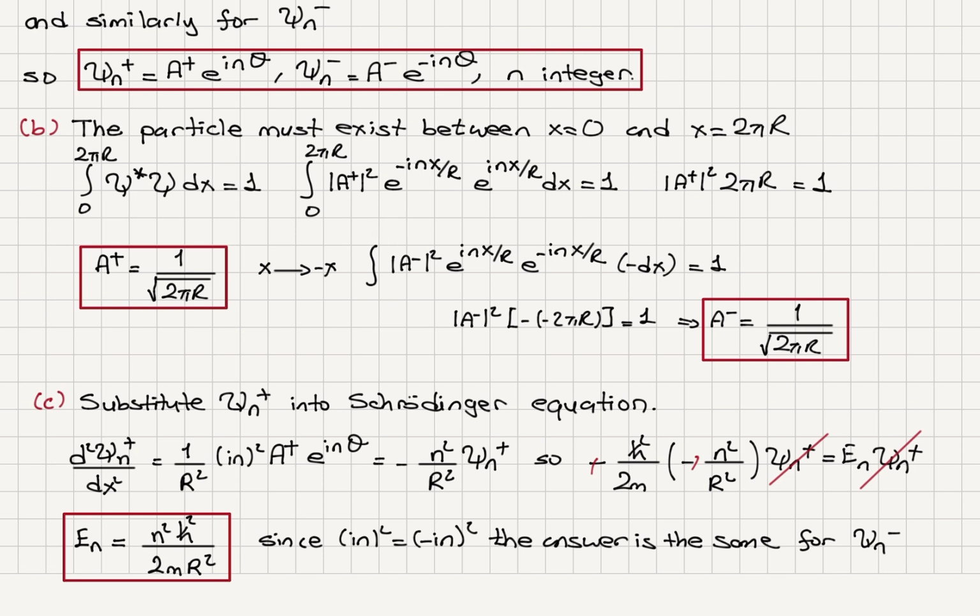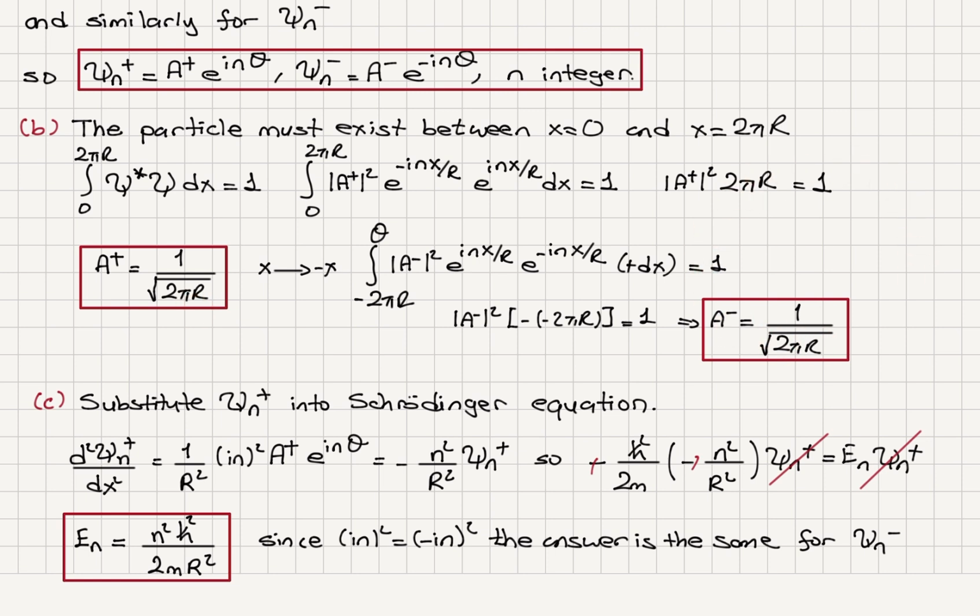So we're going from minus 2 pi R to 0 with clockwise rotation with plus dx. And that would give us a minus equal to 1 over square root 2 pi R also. Remember, a plus was for counterclockwise rotation, a minus was for clockwise rotation. So we go from minus 2 pi R to 0.